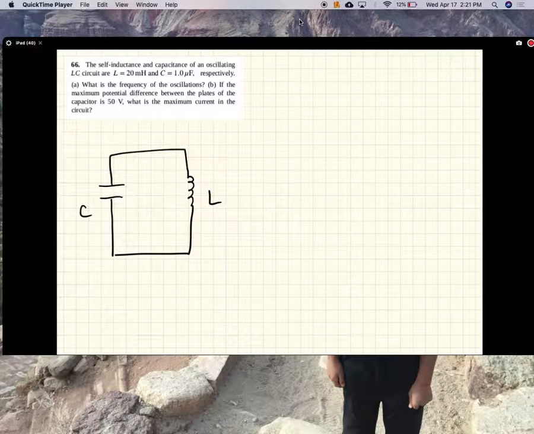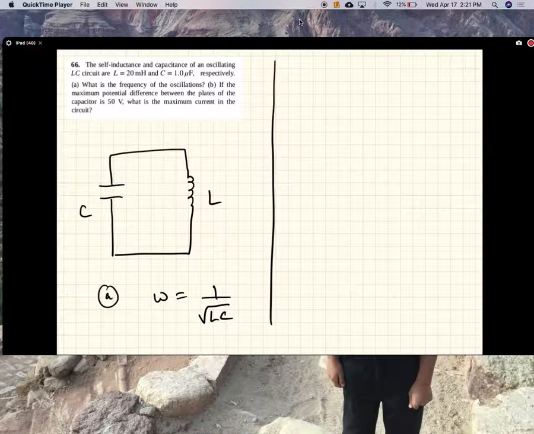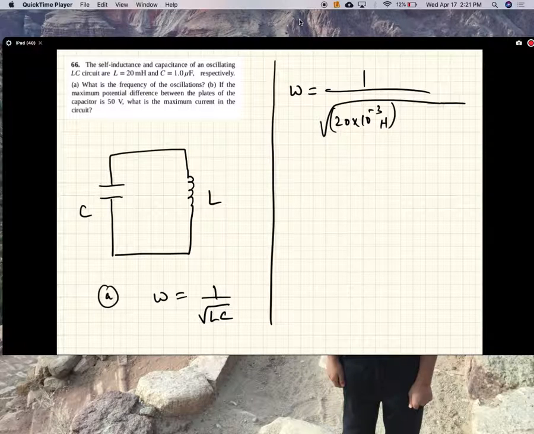The frequency of oscillation is given by 1 over square root of LC. So this is the angular frequency, and L is 20 millihenries, and capacitance is 10 to the minus 6 farads.